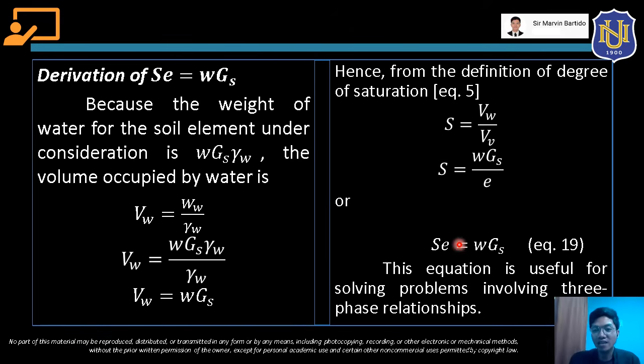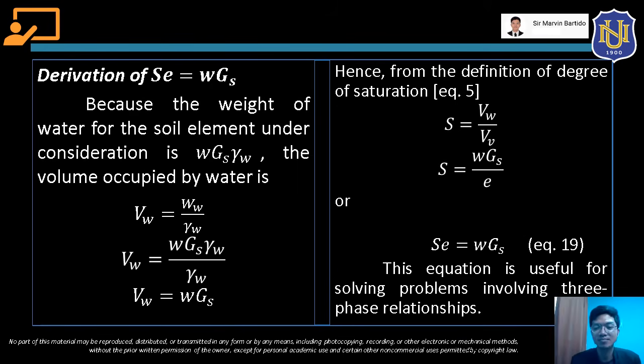Kung 1 yan, okay lang kasi may makukuha ka naman. E is equal to WG sub S. So doon pwede. Okay, so ito kadalasan, ako minemorize ko to as GWES, para madali lang tandaan. So yan yung relationship ng degree of saturation, void ratio, water content, at saka specific gravity. GWES, pabaliktad, para madali lang tandaan.